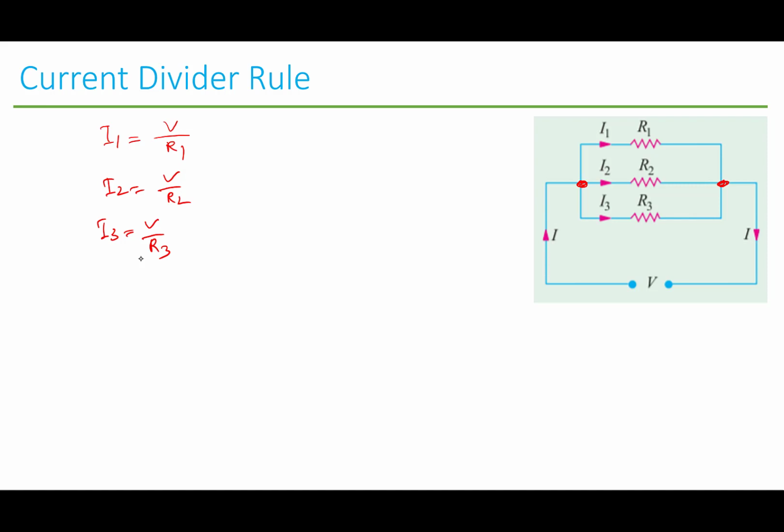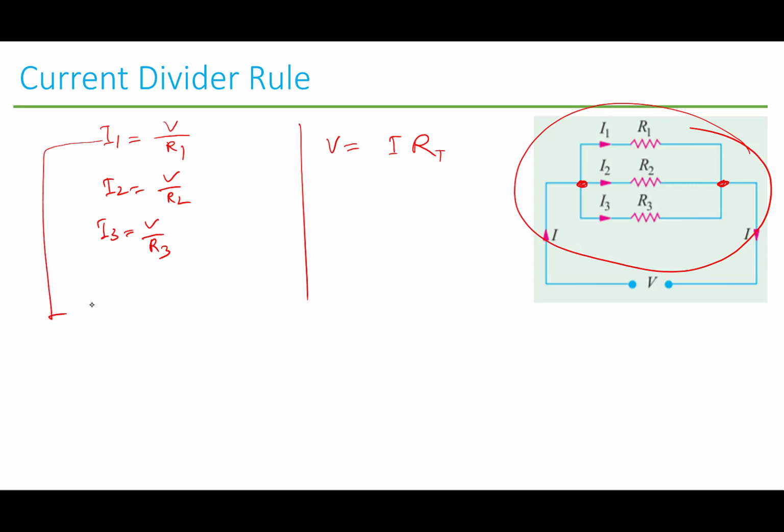However, we are interested in finding the branch current in terms of the total current I. We already know that V equals I times R. Thinking about this entire circuit, this will be I times RT. Now coming back here, I1 equals, replacing V with I RT, I times RT over R1.